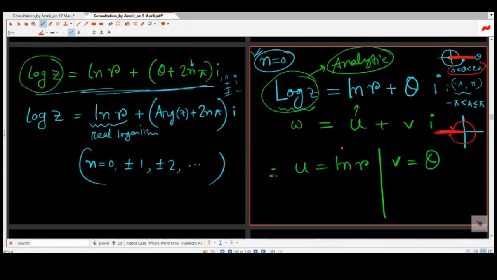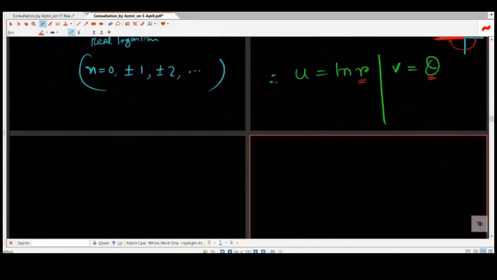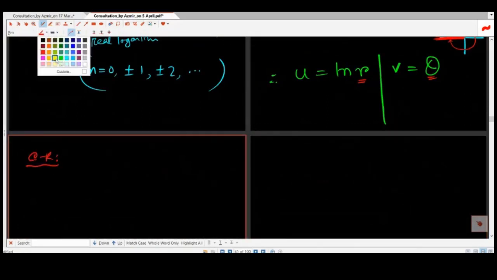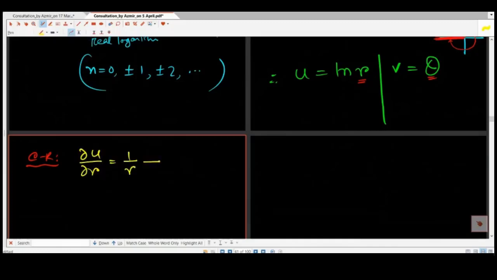So we know there are two forms, rectangular and polar. In polar form we have r and theta. Since we have r and theta here, this time we have to use the Cauchy-Riemann equations in polar form. We know that they are: du dr equals 1 over r dv d theta, and dv dr equals negative 1 over r du d theta.